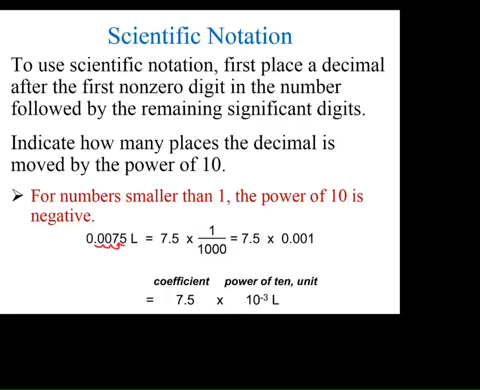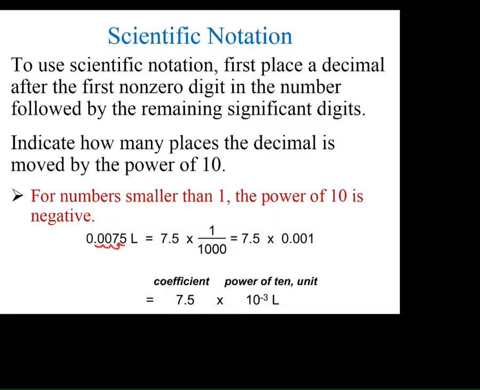With 7.5, dividing once by 10 would make it 0.75. Divided again by 10 would be 0.075. Divided again by 10, you'd get 0.0075. So that becomes 1 over 10 three times, which we call negative 3.